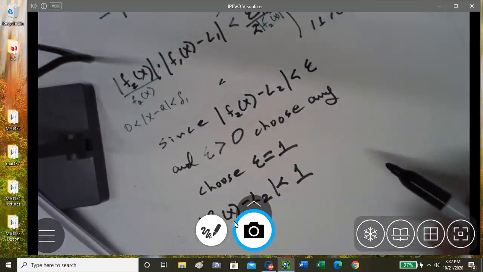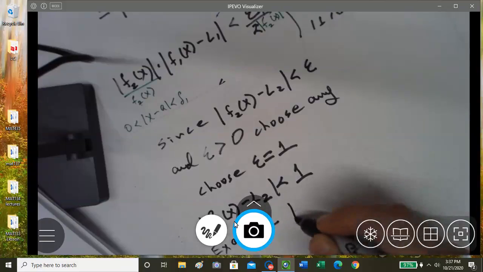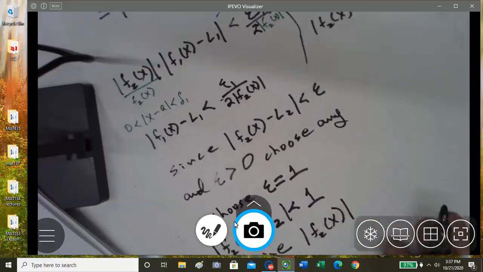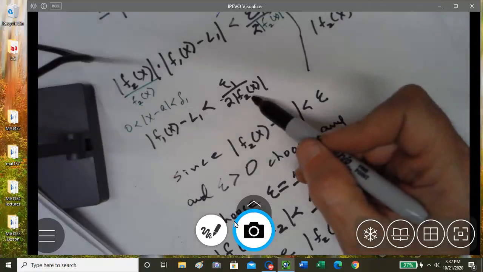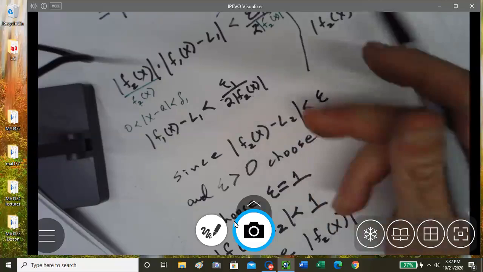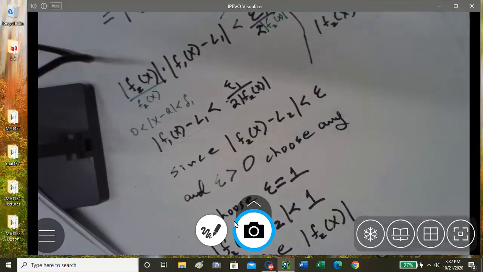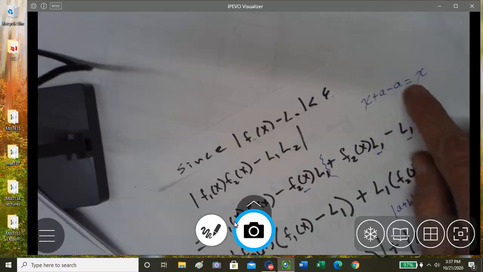Okay, so now let's examine the absolute value of f2(x). We're going to convert that to a constant, and this is how we're going to do it. Again, we're going to use the concept of x plus a minus a is just x.